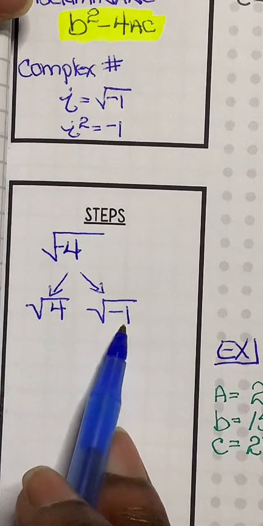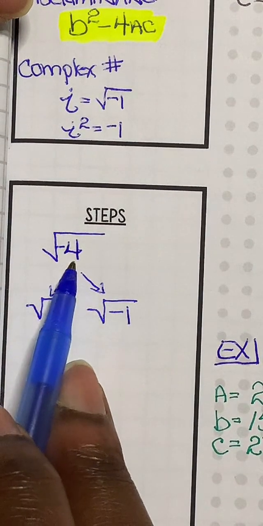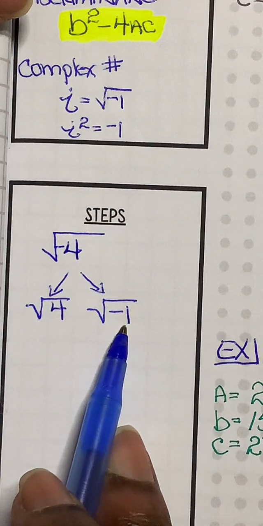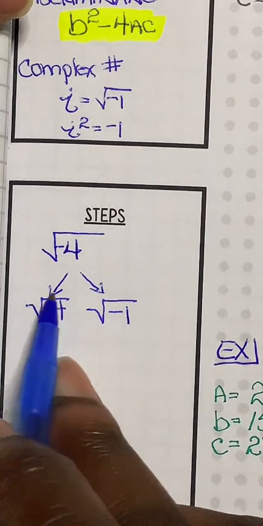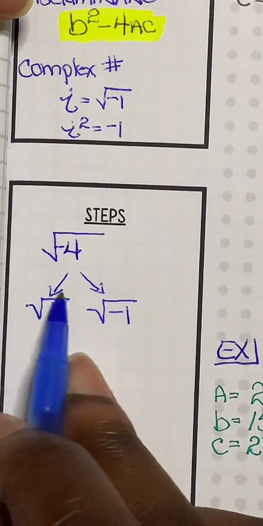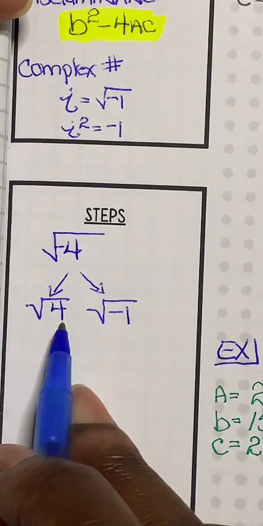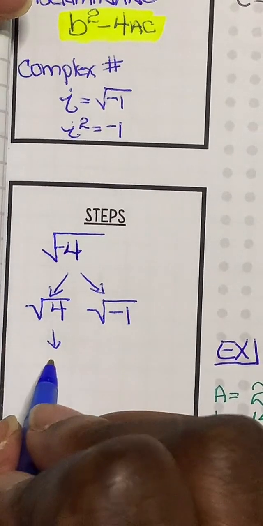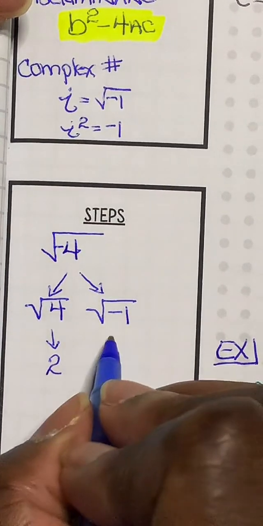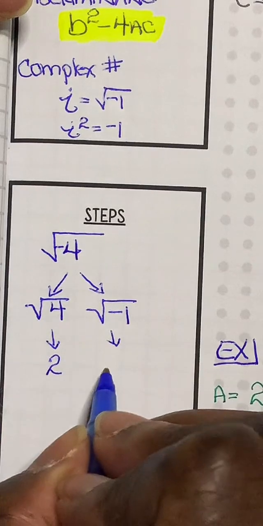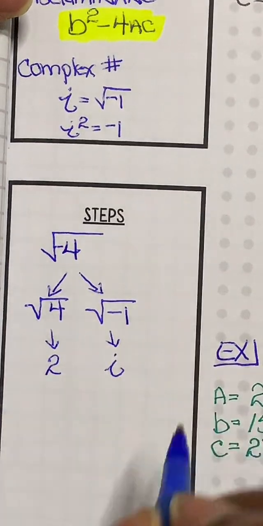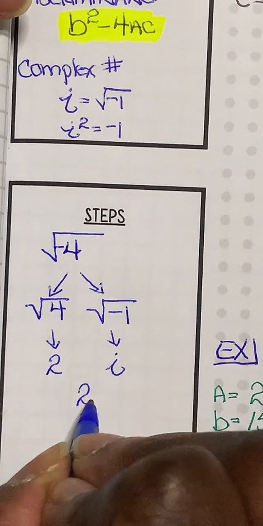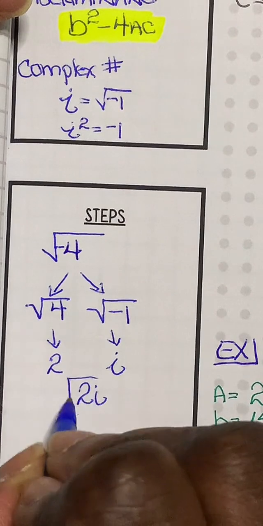Because 4 times negative 1 gives me negative 4. So if I factor out the square root of negative 1, now I could focus on the perfect, or the breakdown of this radical. So this square root of 4 gives me 2, and the square root of negative 1 is i. Multiply those two together, you'll get 2i.